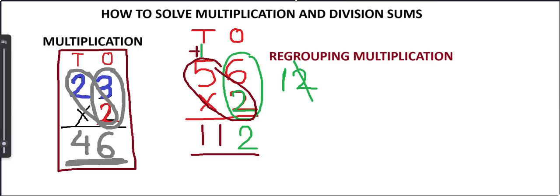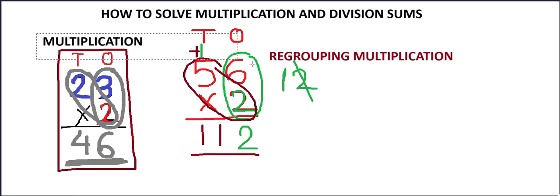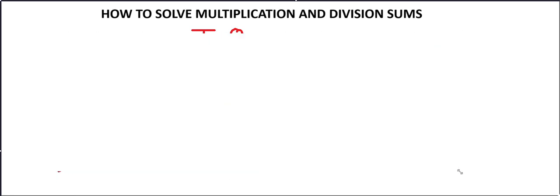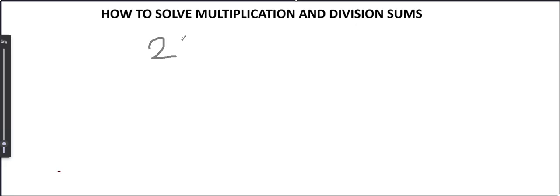Now we are going to move on to the multiplication which has a double digit getting multiplied with another double digit. So I'm going to go ahead with that, erasing this. Well, and here we go. So I have 23 times 65. Okay.